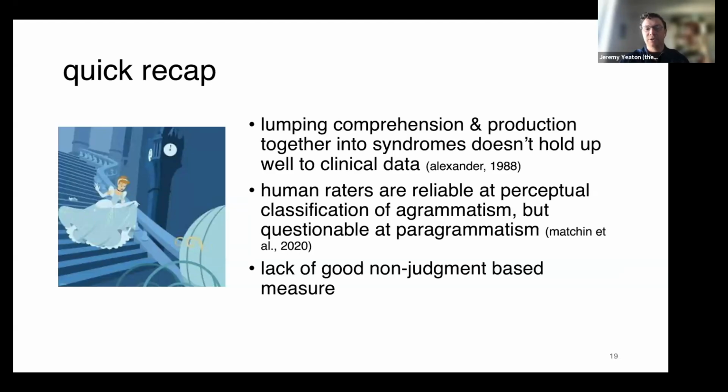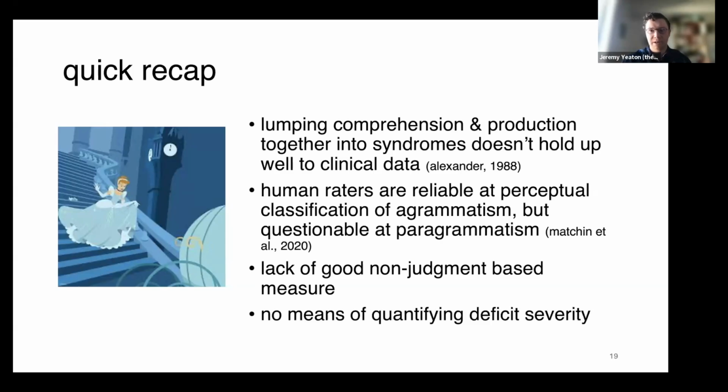We don't have a good non-judgment based measure. So we saw that the QPA approach has a little bit of noise. There's not a clear solution there. And other than that, it's just, is this person agrammatic or paragrammatic? And then finally, we have no means of quantifying the deficit severity.